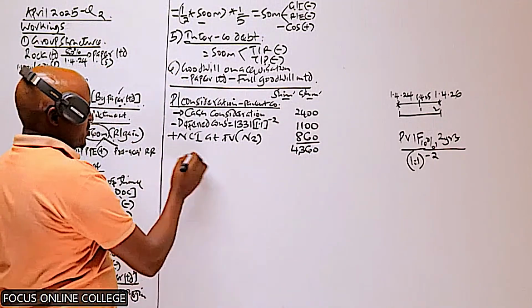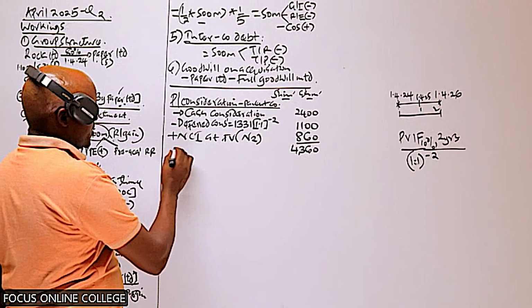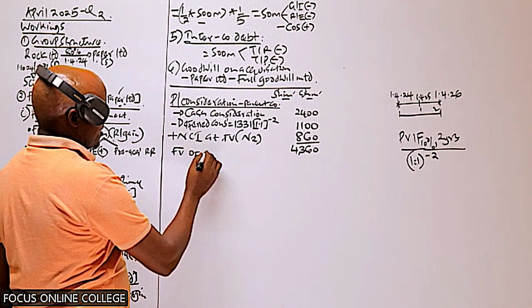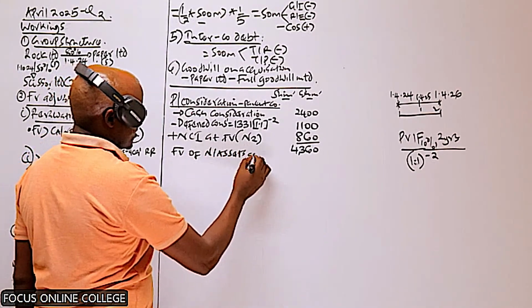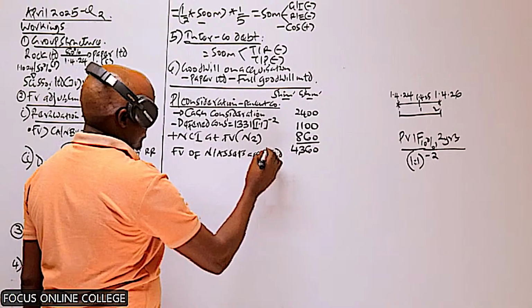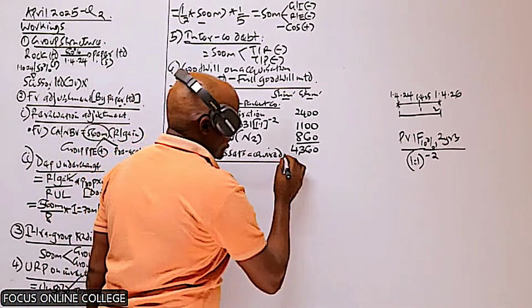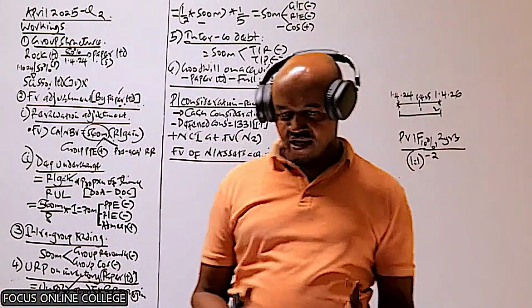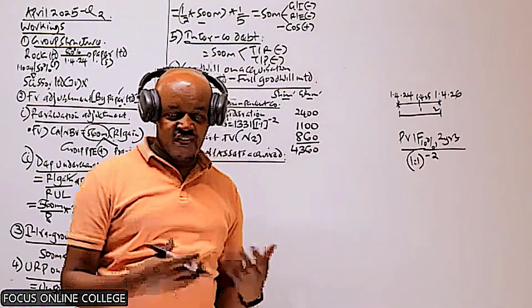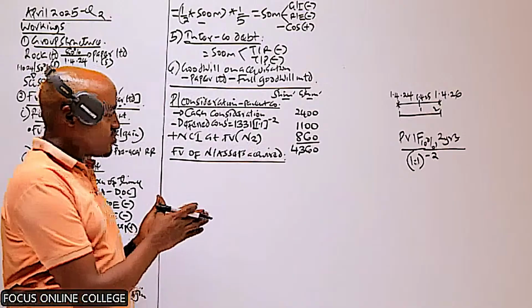To this, we need to proceed and less the fair value of net assets which were acquired. Remember, this is one of the items which the examiner will not have given you, and this is where the majority of students have a challenge. How do we compute this?